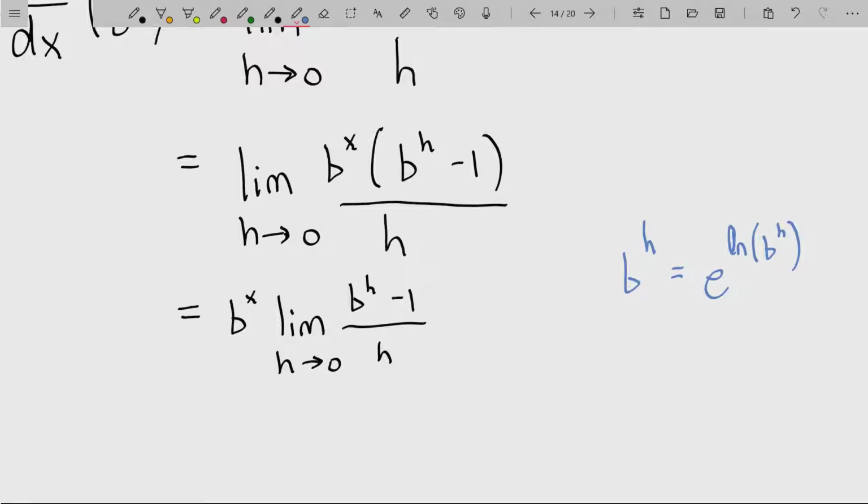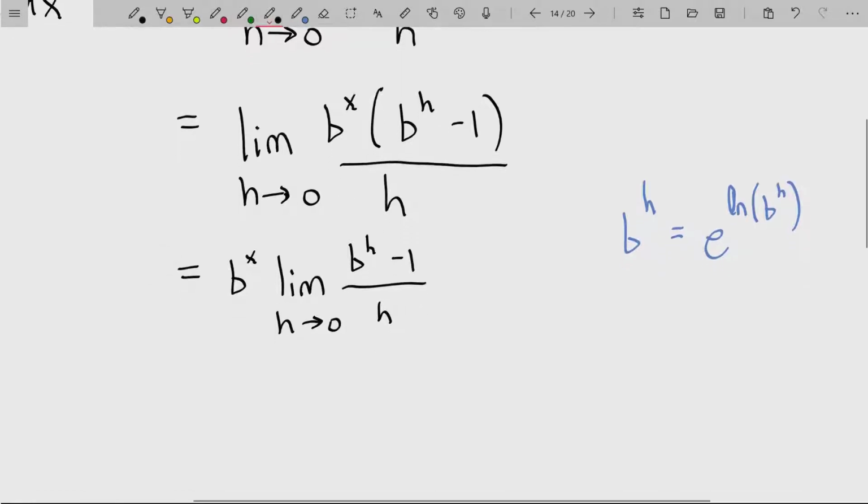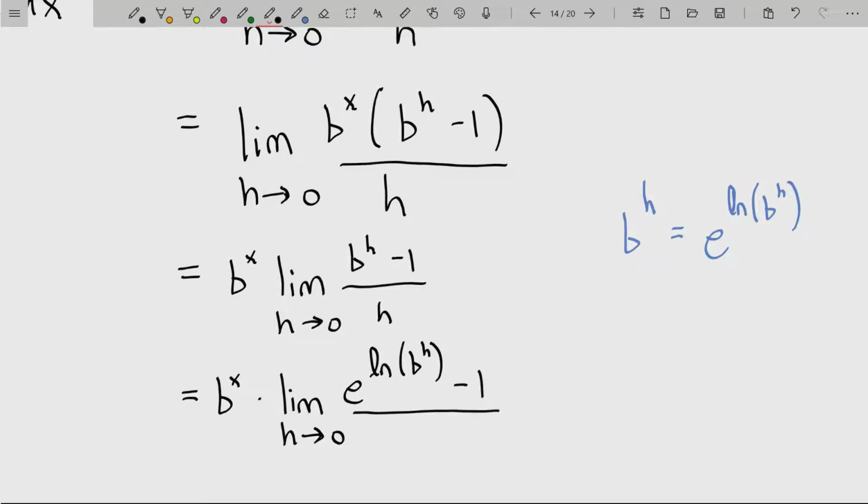That will return b to the h. So let's go ahead and write that in here. This is where my proof is slightly different than what I thought I was going to do, but I just decided to try this, and I think it works beautifully. This is going to be e to the natural log of b to the h, minus 1, all over h.